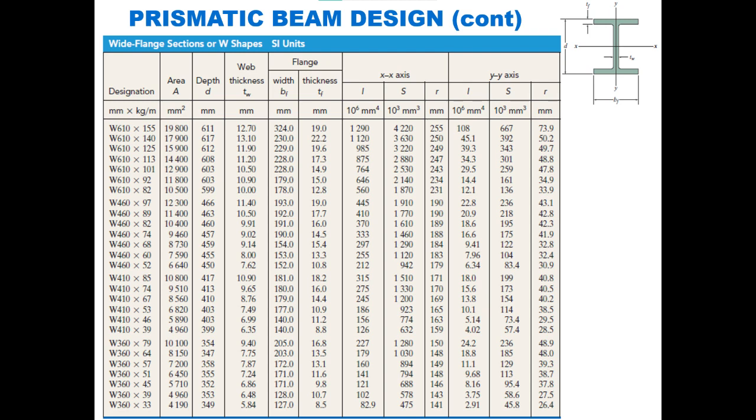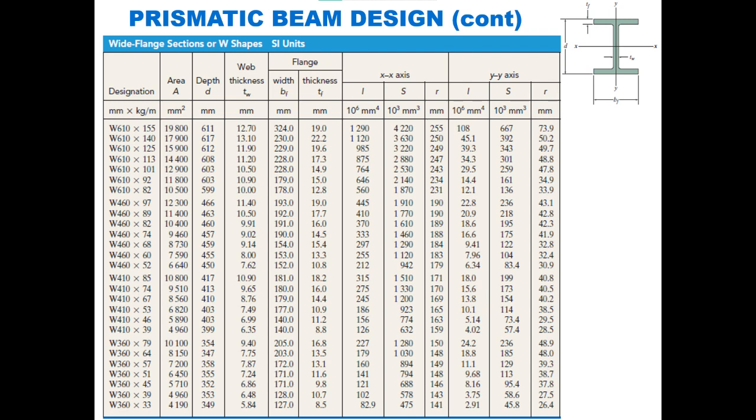Prismatic beam section, you're going to design this one like this, right? Given the load, you will choose from here. Vice versa, given the load, you are asked to find the stress. A stress is given, and you will be asked to find the section modulus corresponding to the moment produced.